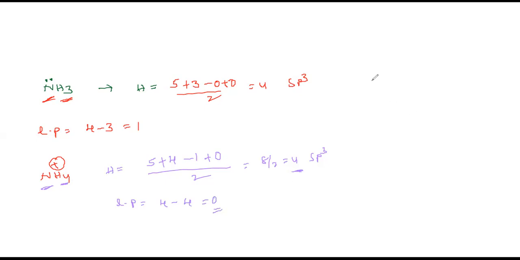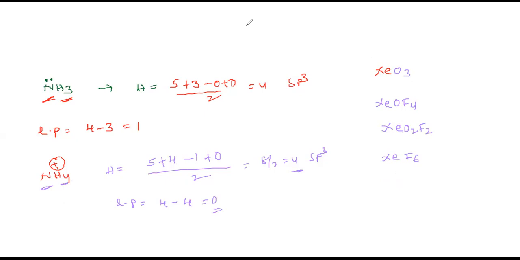For example, they will give compounds such as xenon O3, then xenon OF4, then xenon O2F2, then xenon F6. So in these molecules, one more shortcut I will discuss.